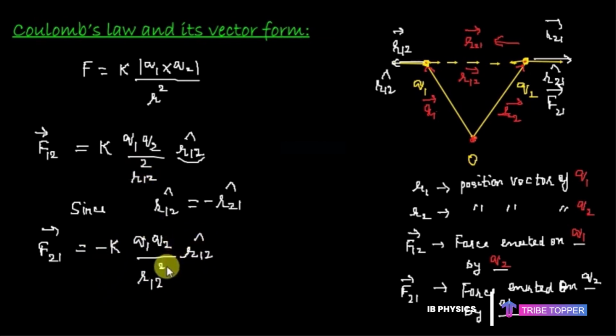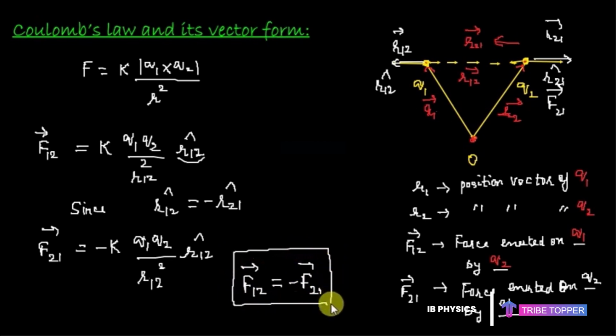Now I have Coulomb's law in vector form, and also F12 is equal to minus F21, which means that Coulomb's law also obeys Newton's third law: action and reaction are equal and opposite. The forces exerted by charges 1 and 2 on each other are equal and opposite.